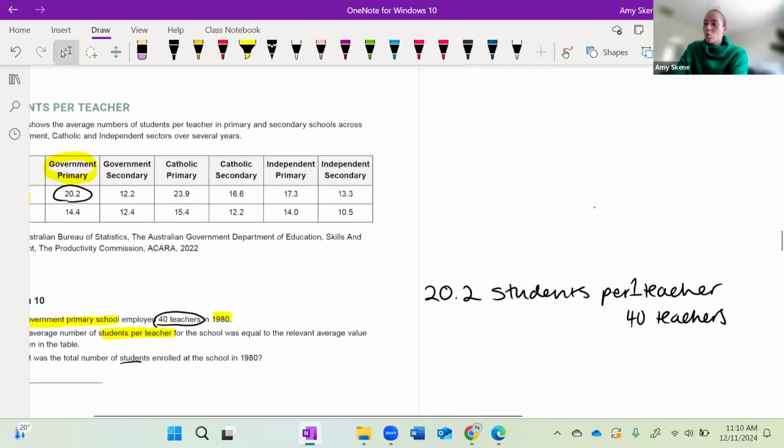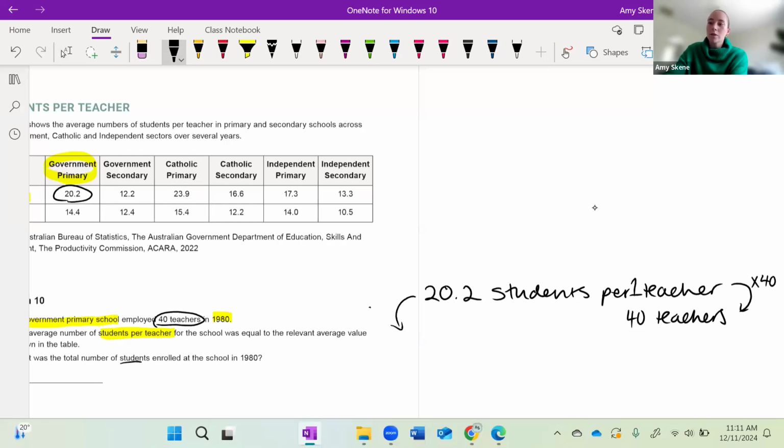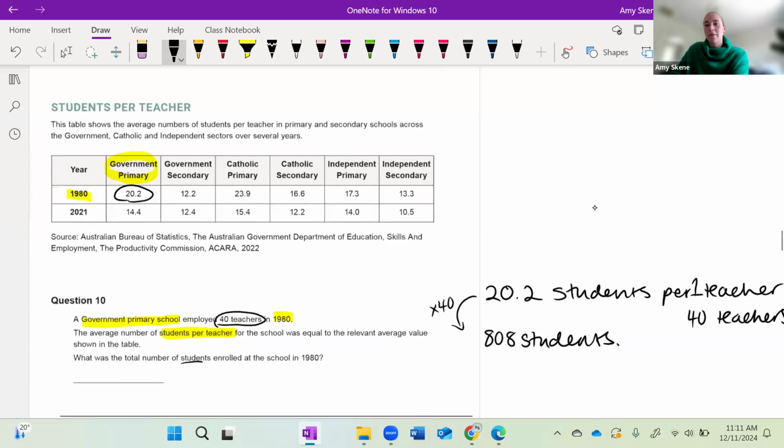To be able to get from 1 to 40 teachers, we think in terms of what do we multiply it by. Well, we multiply it by 40. So whatever we do to one side, I'm going to do to the other. Now I'm going to multiply 20.2 by 40, and it's going to give me 808 students. So 808 students for 40 teachers at that school.